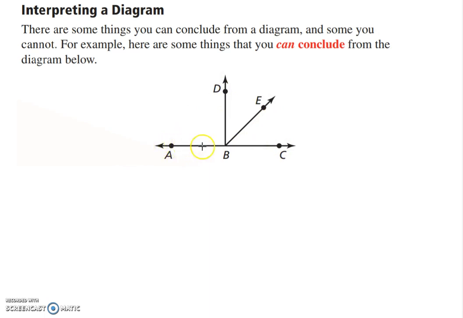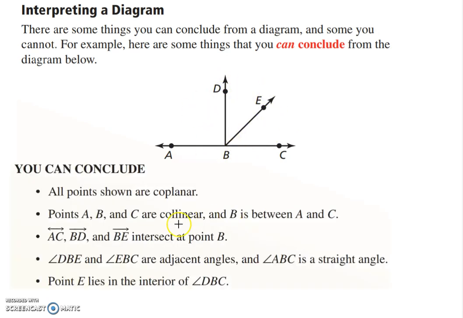We can conclude that AC is a line, that BD and BE are rays, and all of those intersect at point B. Here are some more things that we can conclude: that B is collinear with A and C, and B is between A and C.